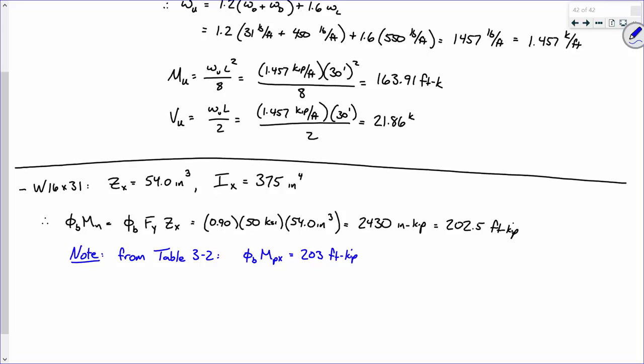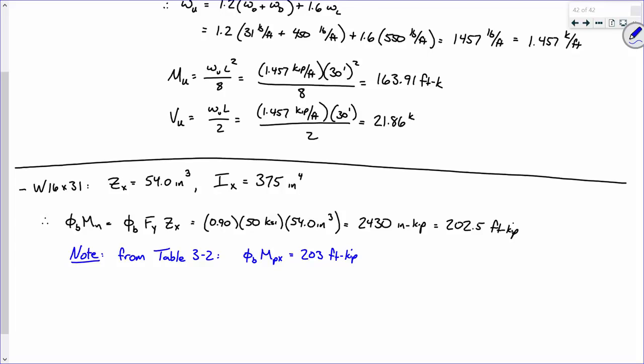So is everybody seeing how they're getting that value? I mean, that's just the plastic moment. Plastic moment is FyZx and then factored 0.9. The difference between the two is just rounding, okay? And for 50 ksi steel, I have no problem with you just looking up the capacity. There's nothing wrong with that.